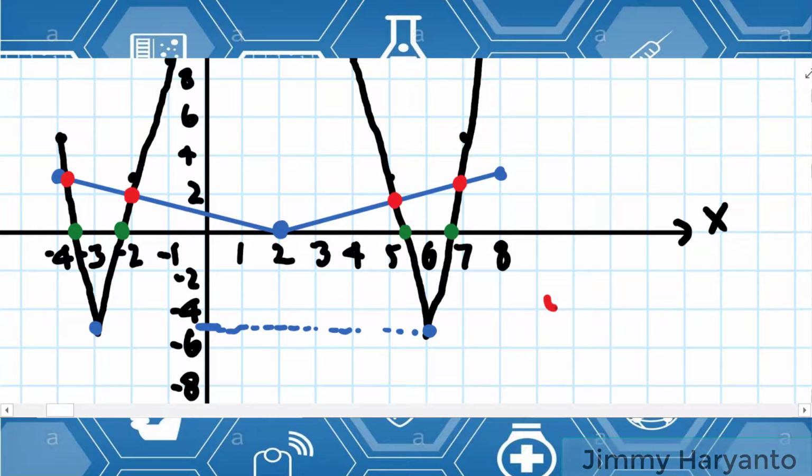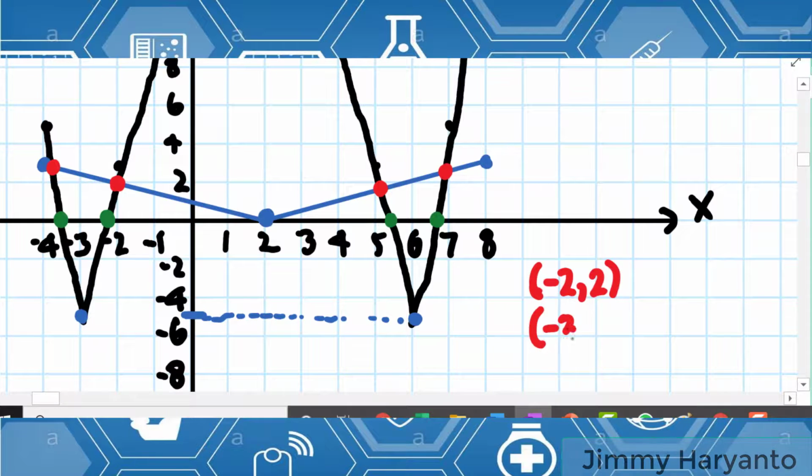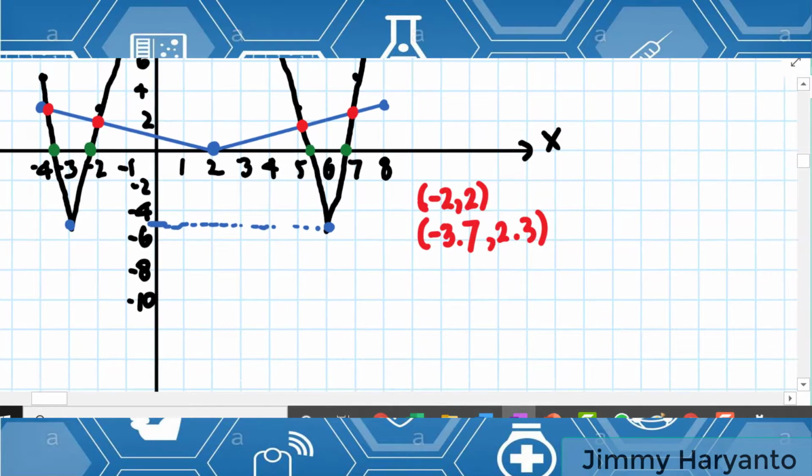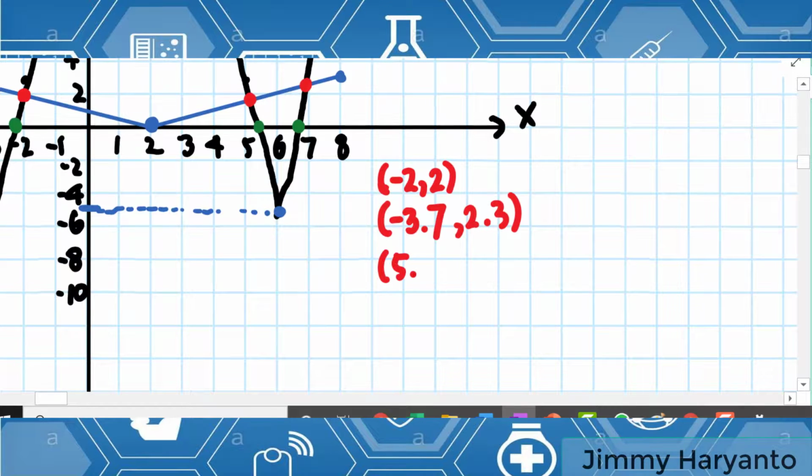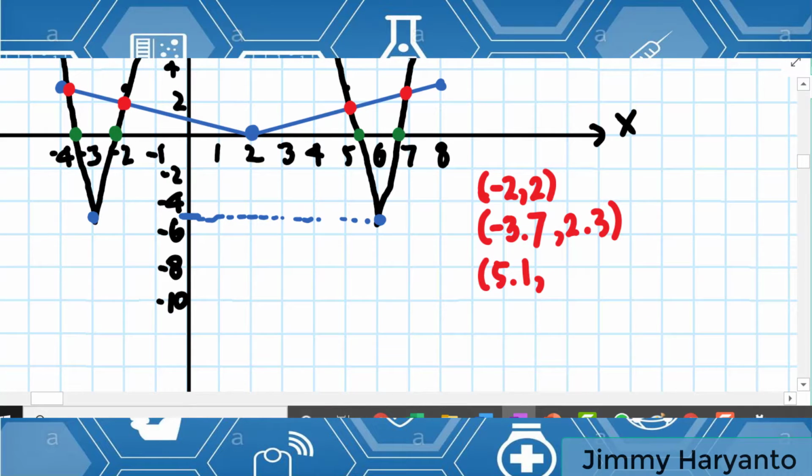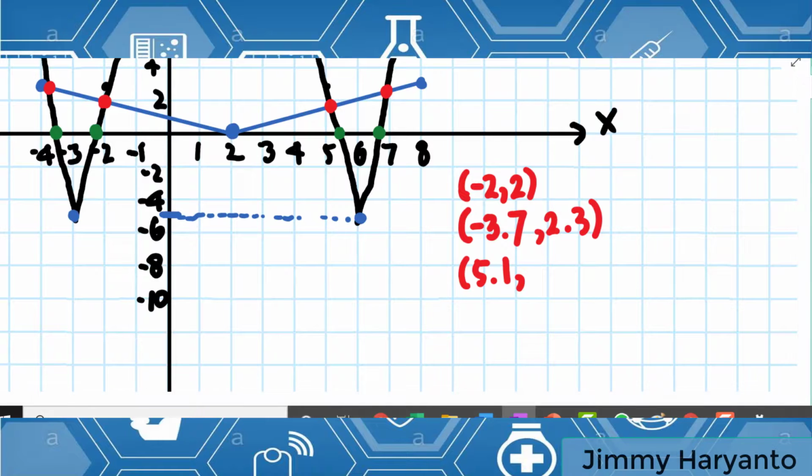The first will be negative 2, 2, and the second one will be negative 3.7, maybe, 2.3, and the third one will be 5.1, and then, oh, this one should be 2.5.